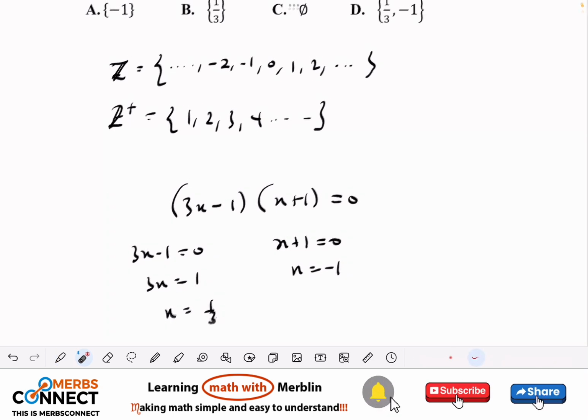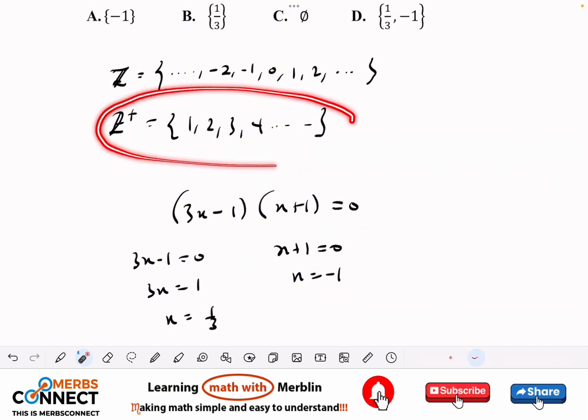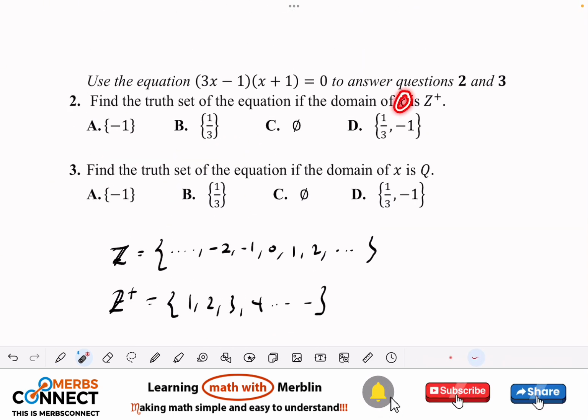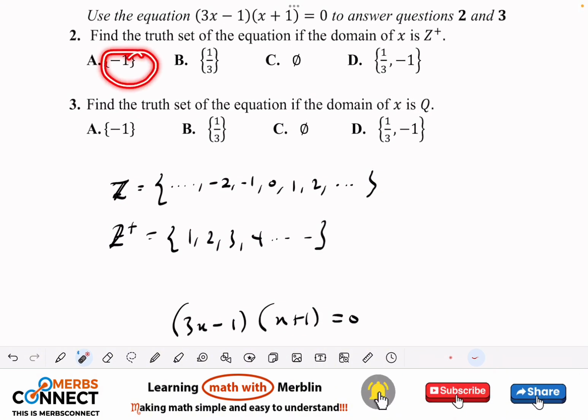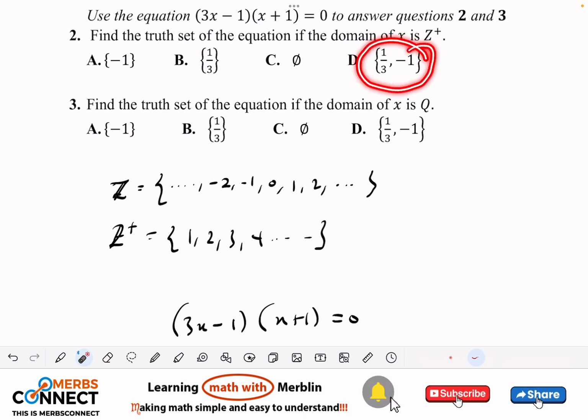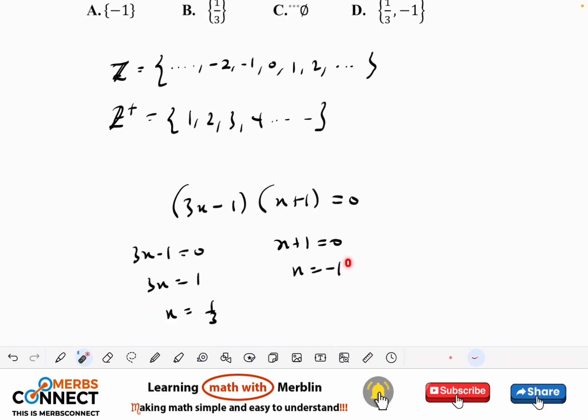So what do we see? We are talking about a positive integer here. The x value is a positive integer. So what do we see? We have minus 1 and 1 over 3. But we can see that minus 1 is not in this set, and we can also see that 1 over 3 is not in this set.